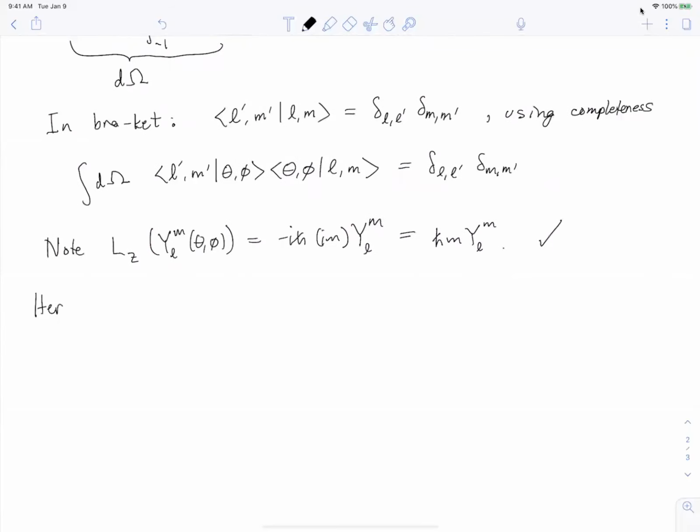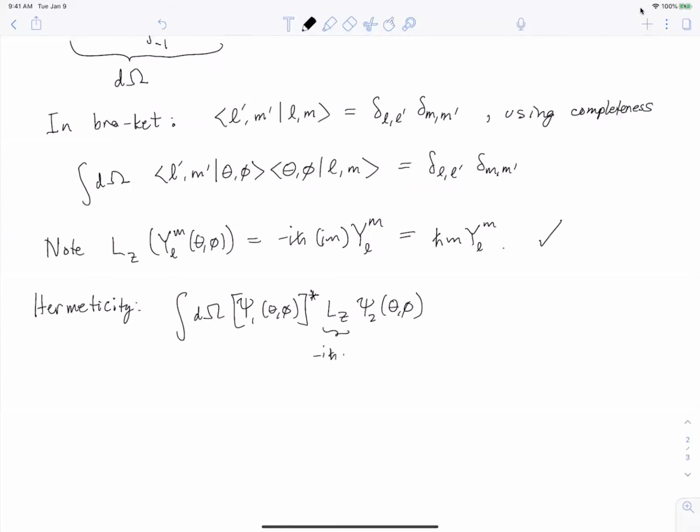Okay, and then if we look at hermiticity of L_z, that says, okay, if I integrate over all omega and I do psi_1(theta, phi) star, L_z acting on psi_2(theta, phi). Okay, this L_z here is interpreted as, again, the differential operator. This is supposed to be equal to the complex conjugate.